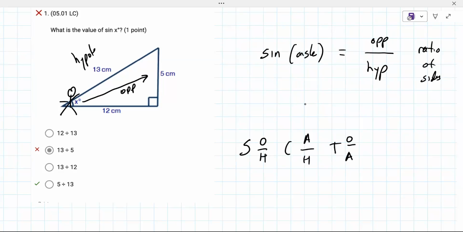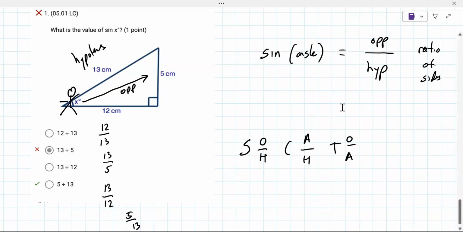The hypotenuse is always the longest side. So 5/13. These are all written poorly; they should be formatted this way, but it's bad formatting. I can now understand why it would be 5/13, because 5 is the opposite and 13 is the hypotenuse.